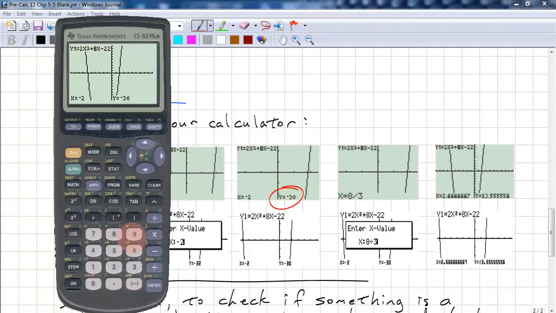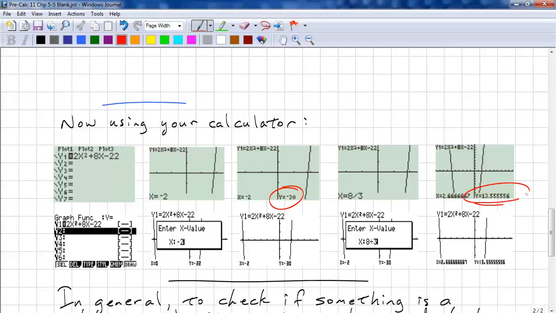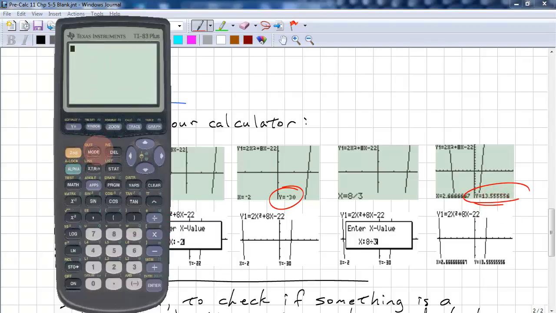We enter 8 over 3 and we get 13.5 repeating. You can enter 13.5 repeating and then go math and convert it to a fraction, and we get 122 over 9.